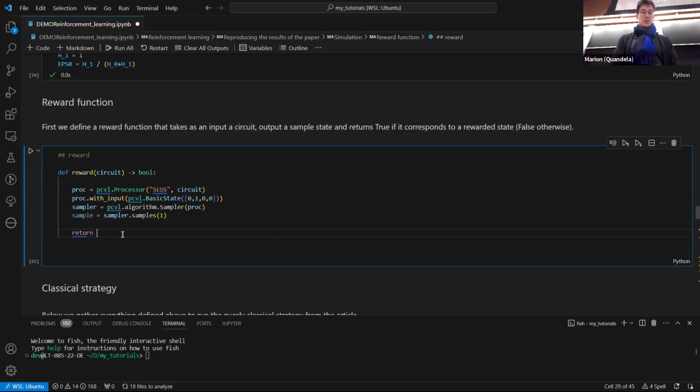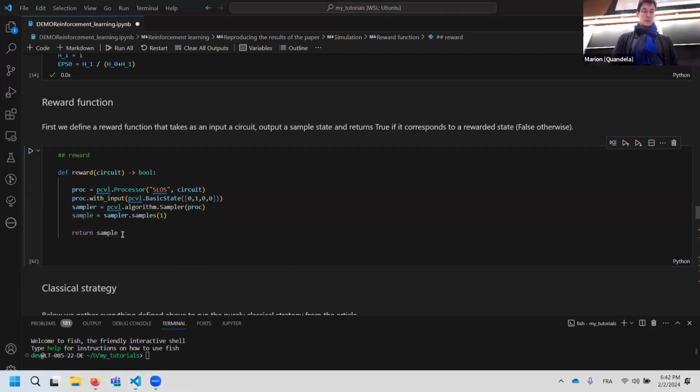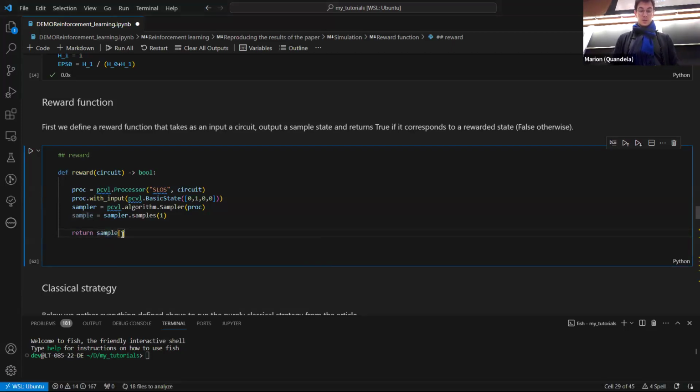And so then what we are going to do is, if the photon is on the fourth mode, we are going to return true. So sample, sorry, I'm using Mac shortcut, so it doesn't work. Sample, so it's a dictionary, so we are going to ask for the result.